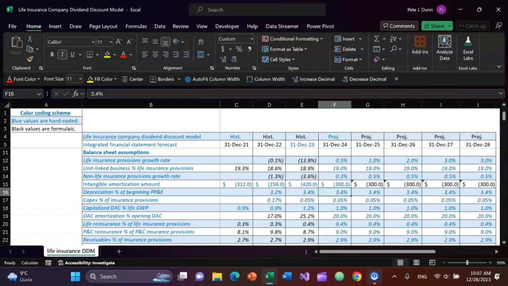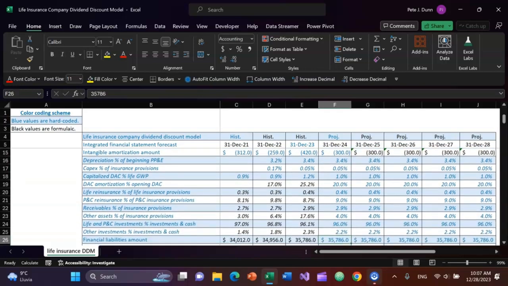I've got assumptions for depreciation as a percentage of beginning property, plant, and equipment, CapEx as a percentage of insurance provisions, capitalized deferred acquisition costs as a percentage of life insurance gross written premiums, deferred acquisition cost amortization as a percentage of the beginning DAC balance, reinsurance assumptions with the property and casualty reinsurance being a larger assumption as a percentage of its respective provisions.